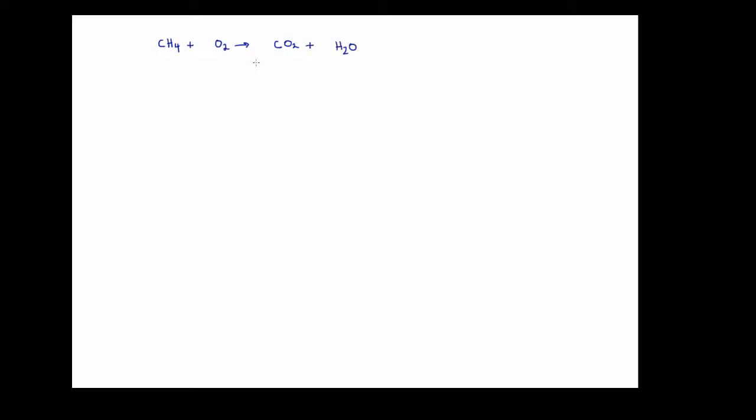Then we're going to look and see if any of the elements or compounds that are involved in this reaction underwent a change in oxidation number or charge. And if we can identify an element or compound that underwent a change in oxidation number or charge, then that particular component was oxidized or reduced.